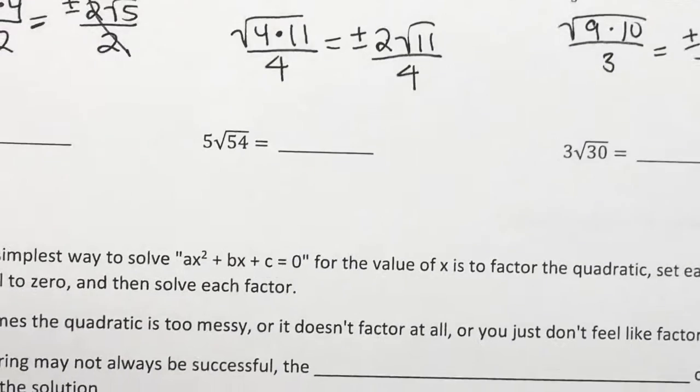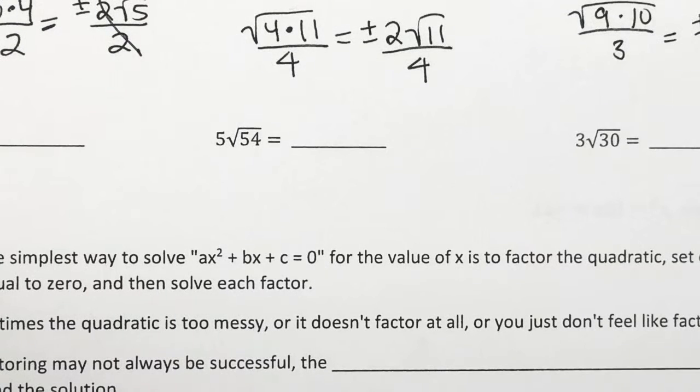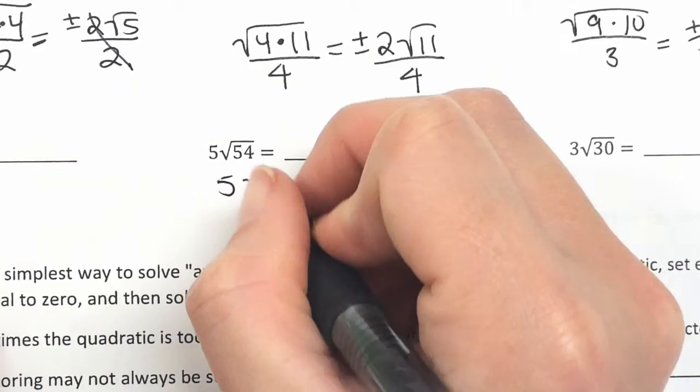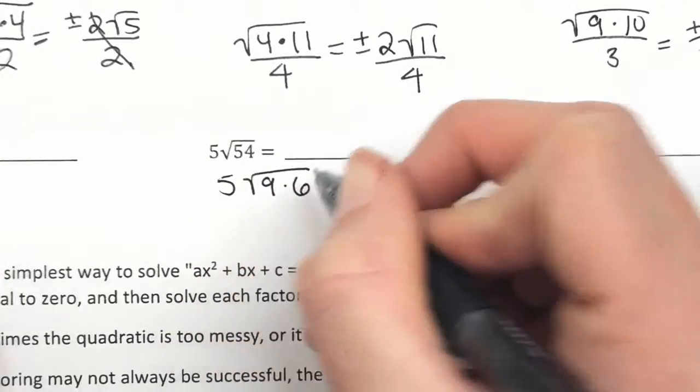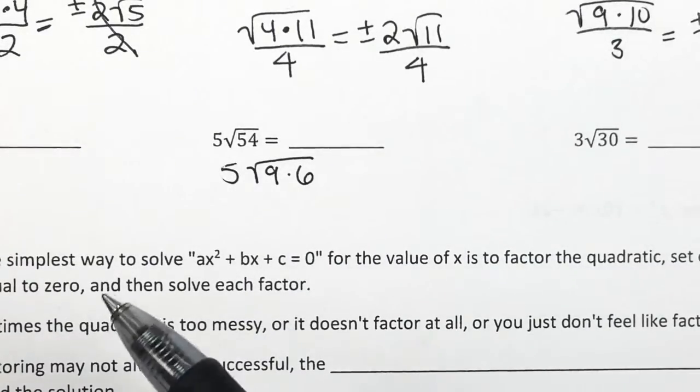Okay. 5 and 54. So for this one, what are some perfect squares that can go into 54? 9 and 6. Good. So we can write this as 5 square root of what? 9 times 6. Alright, the only difference between this one is there's already a number on the outside. Nothing else has changed.